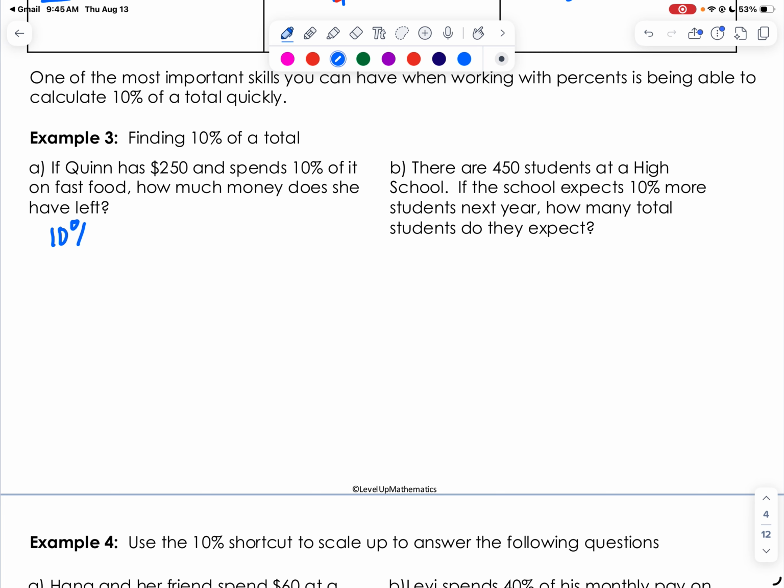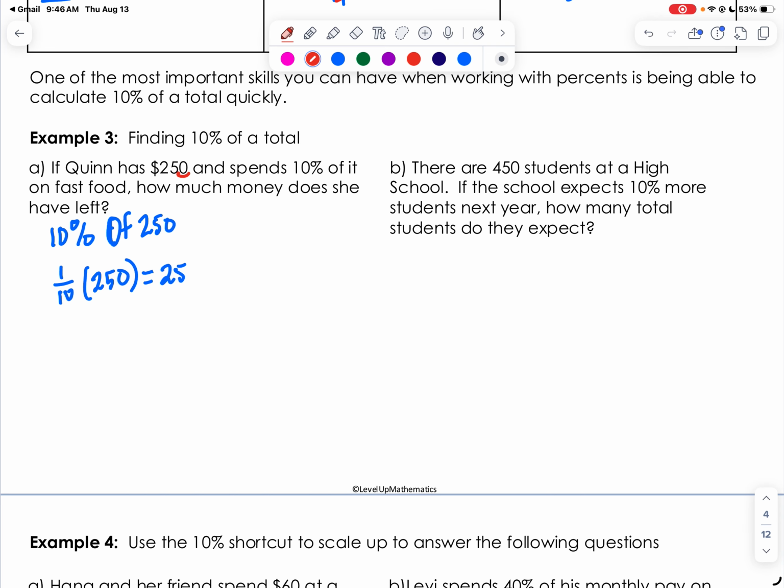So 10% of 250 is the same thing as 1/10 times 250. And 250 divided by 10 is simply 25. So all you're doing here to find 10% of a number is you're just moving the decimal to the left one place. So 10% of 250 is $25.